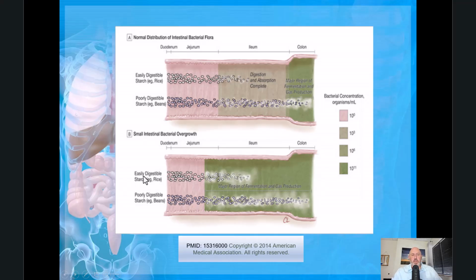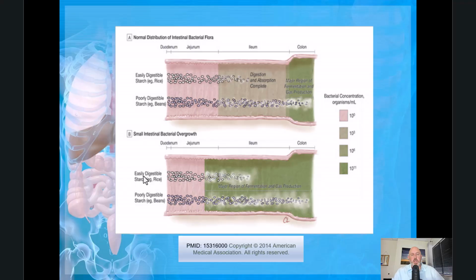Conceptually, this slide will help you understand what's taking place in overgrowth in the small intestine. So the top slide shows a normal distribution of microbia in the small intestine. If a fermentable food such as rice or beans is consumed, that fermentation would normally take place towards the ileum and the colon, so further down.